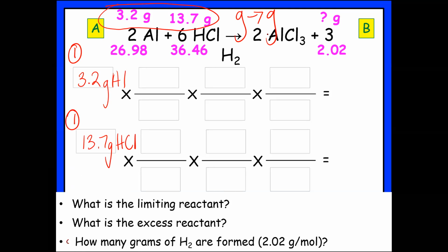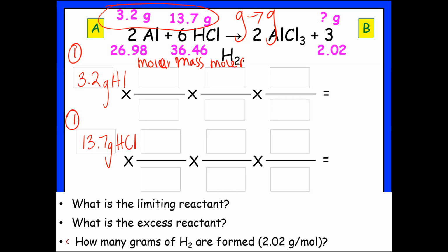I'm just going to write this. Okay. So if this is a gram to gram conversion, I have to do given, molar mass, mole ratio, and then molar mass.